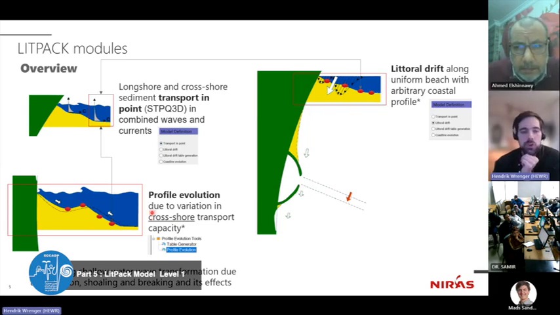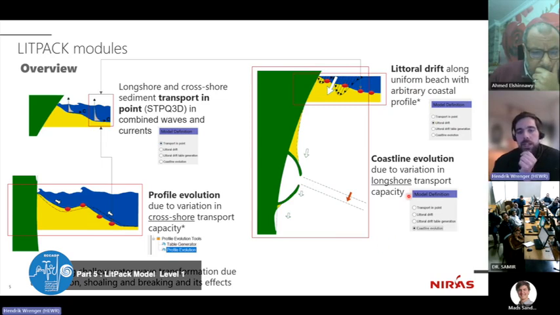In the profile evolution tool, we discussed that we can include non-erodible layers in the profile. And if the profile hits that non-erodible layer, or also structures can be included, like a submerged breakwater, we looked at that, then the profile doesn't further evolve. In the littoral drift, we only look at the potential transport.